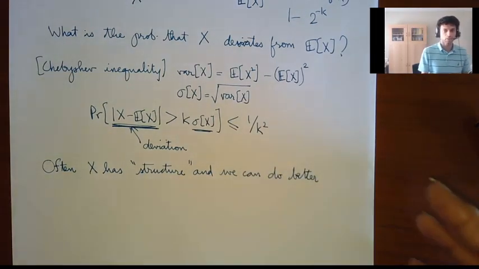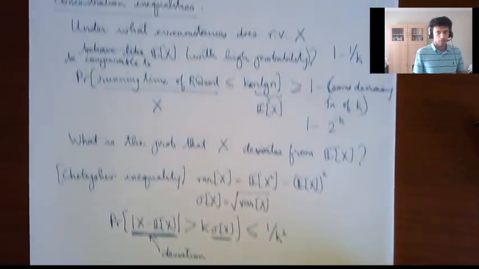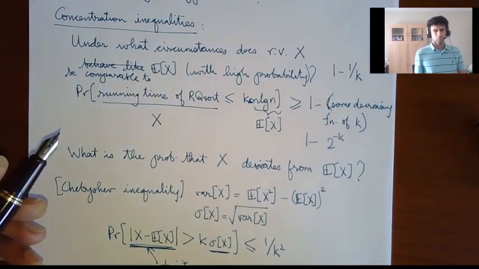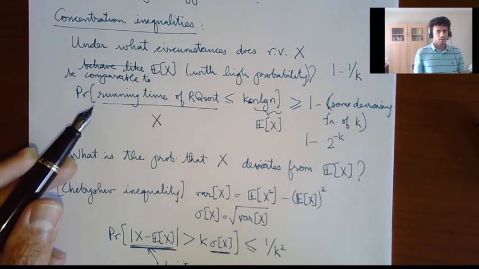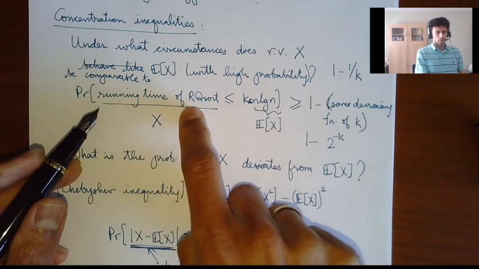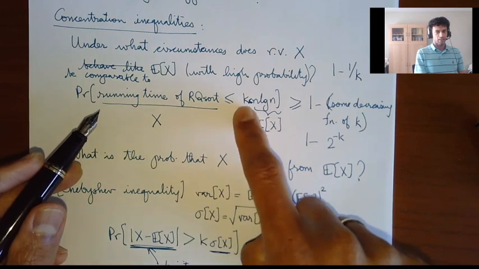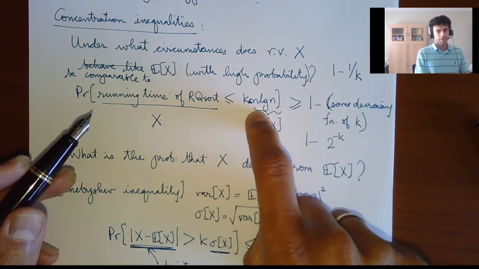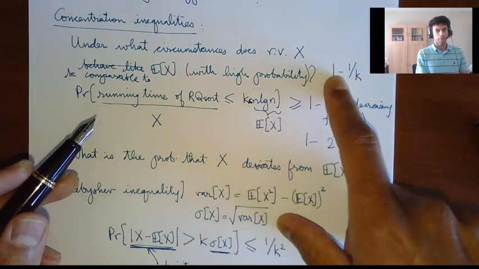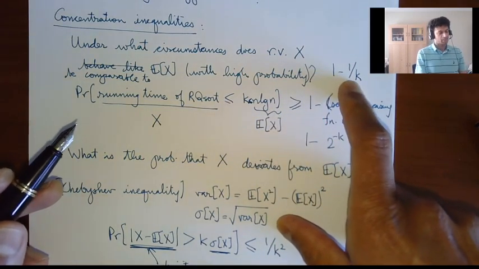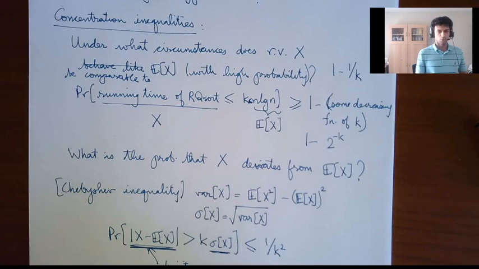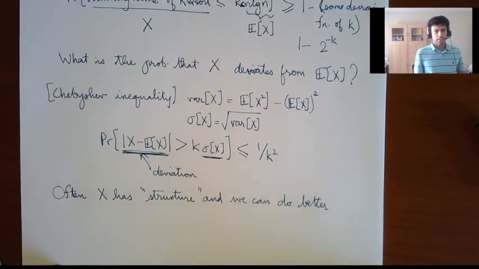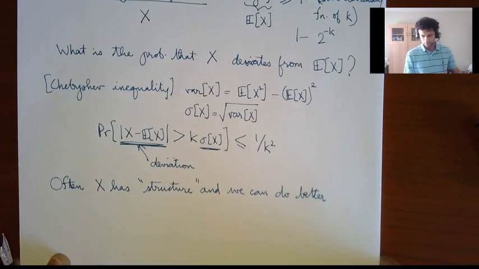So just to go back, naively, I'm going to say naively, you could say that, although this is not entirely true, one could probably prove this, that the probability of the running time of quicksort, this was x, is less than k times this. So if this was also comparable to the standard deviation, then maybe you could get 1 minus 1 over k squared instead, if you were to apply something like Chebyshev. But often x has structure and one can do better.